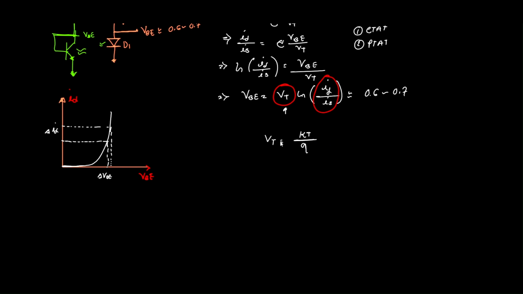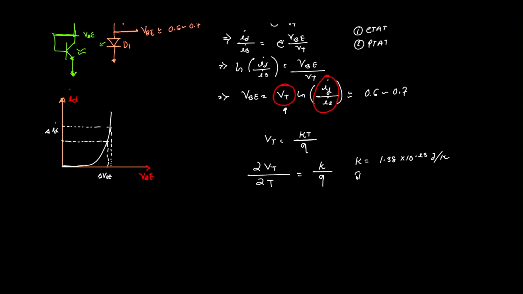And if we take this VT by del T, we can get k by q. As we know, the Boltzmann constant is 1.38 times 10 to the power minus 23 joule per Kelvin, right?